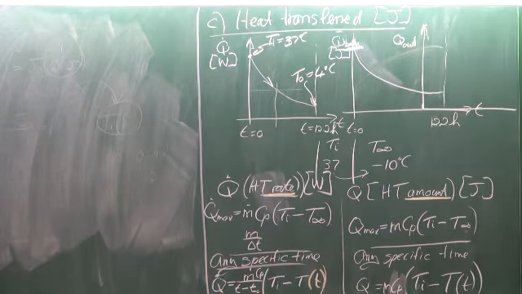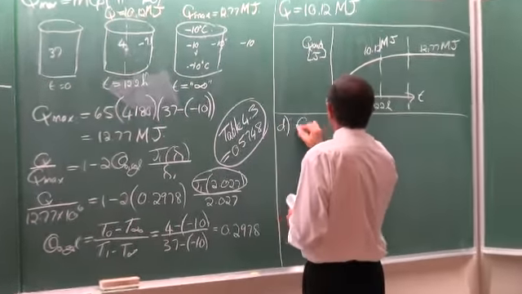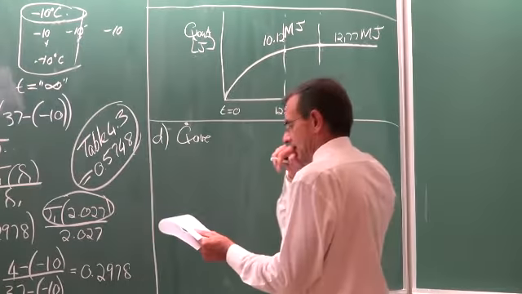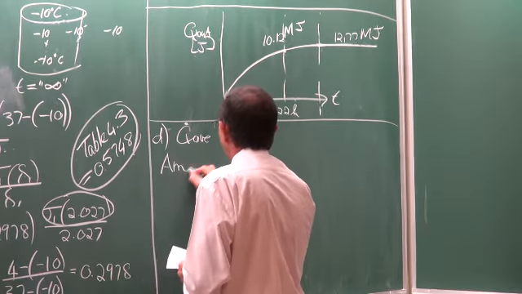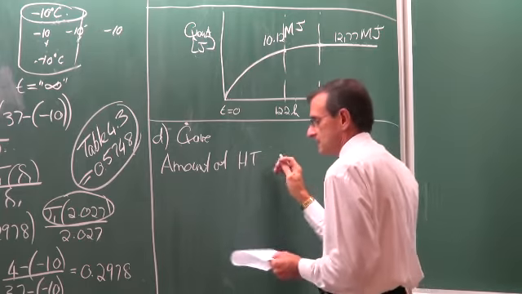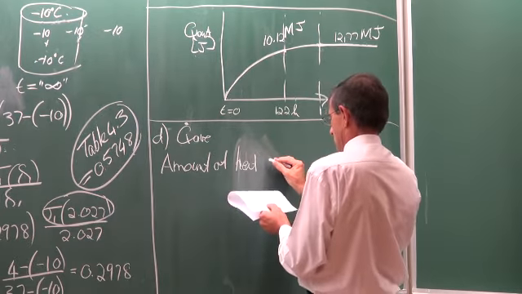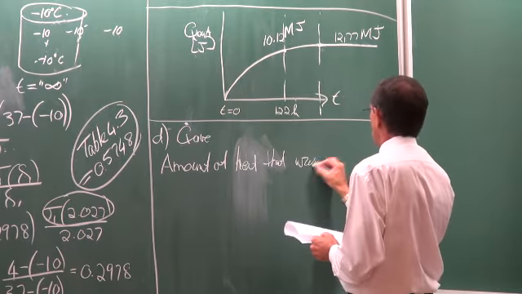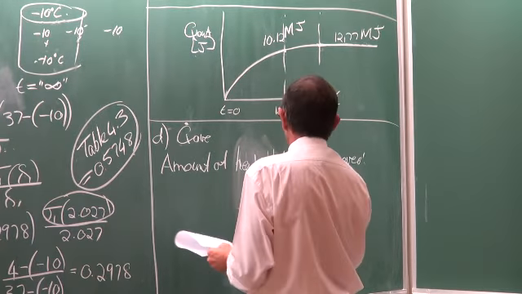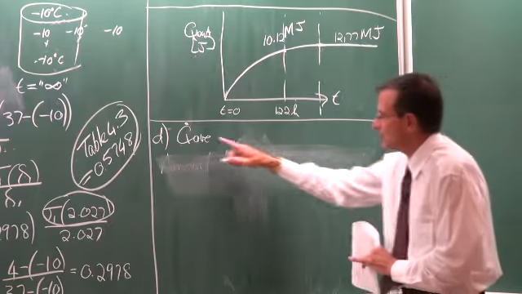Let's look at part D: the average heat transfer rate to be determined. The amount of heat that was removed, or that is being removed, is the question.